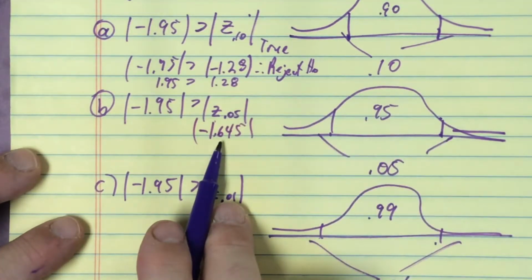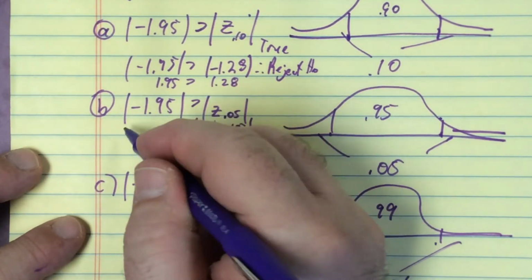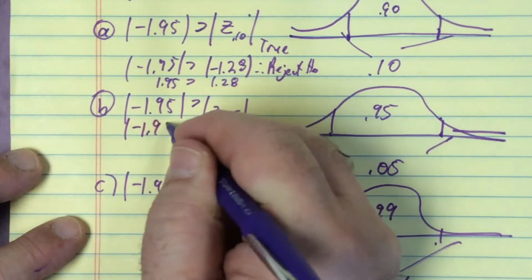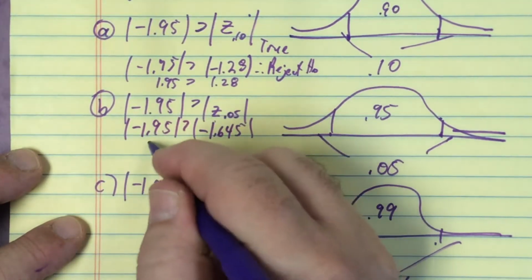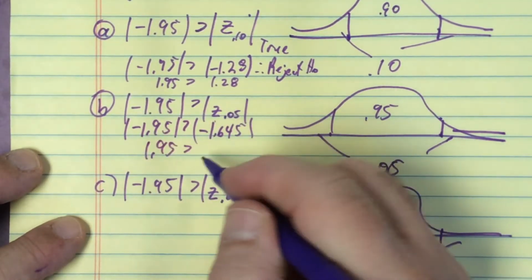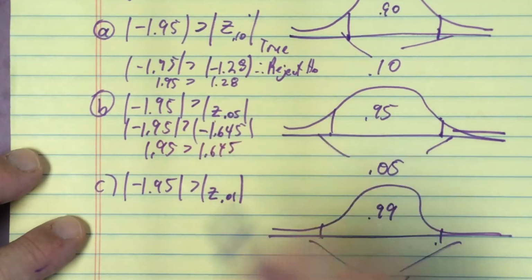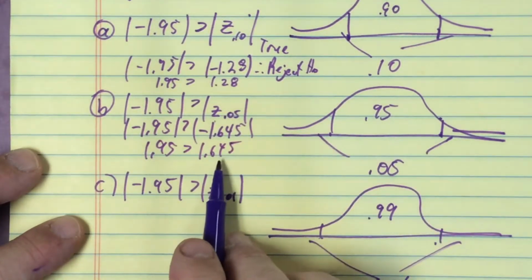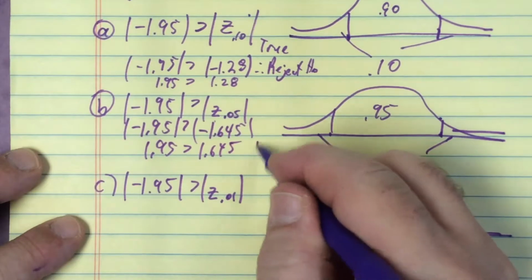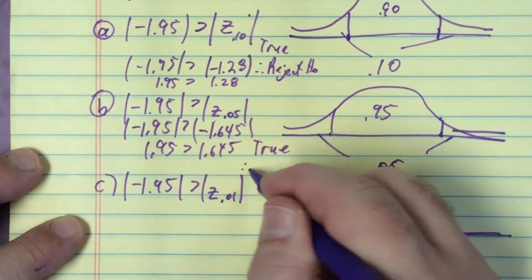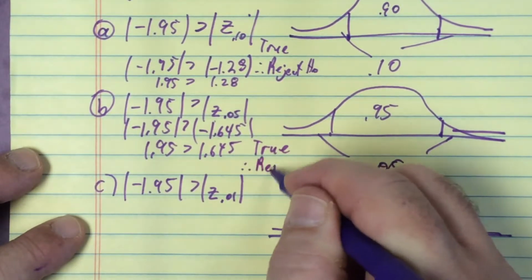Now, if you're not perfect with this and you choose one over the other, that's okay. It won't really make a difference in the final answer anyway. We'll have here that 1.95 is greater than 1.645, because if you choose either value, it's still going to be true. So this is true. Therefore, we will reject the null in this case.